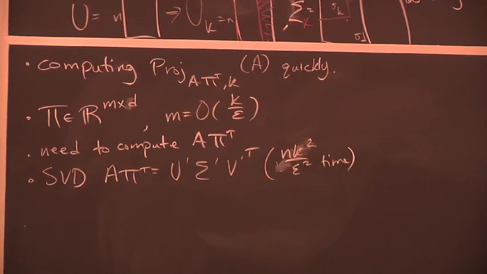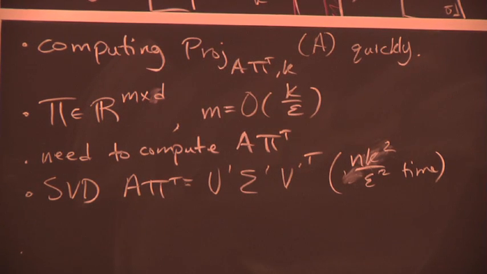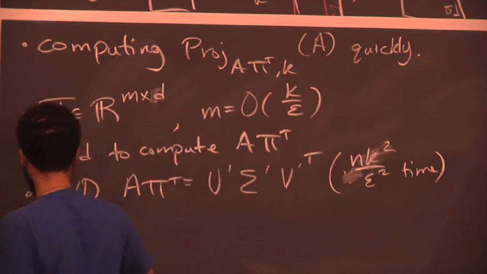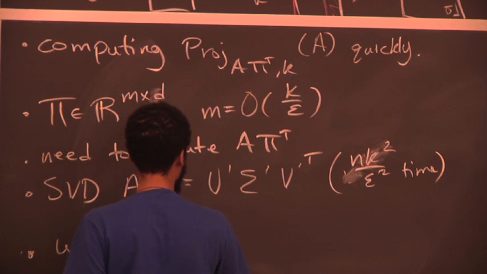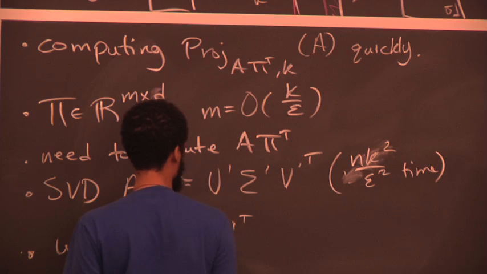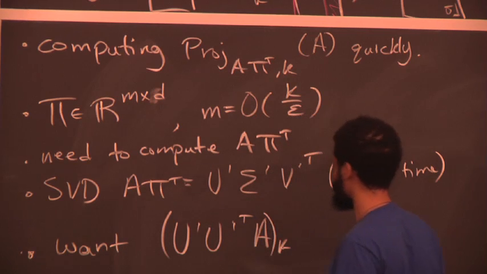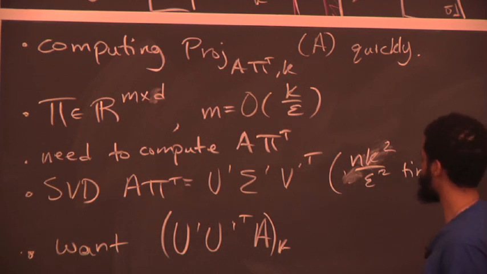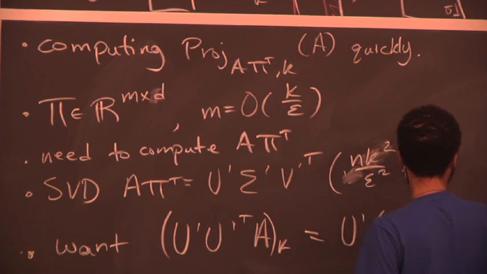Okay. Well, if d is really big and k is not as big, then that's not so bad, maybe. Then what we want is U prime transpose A. We want the best rank k approximation of that, which is the same thing since U prime has orthonormal columns as U prime transpose A_k.